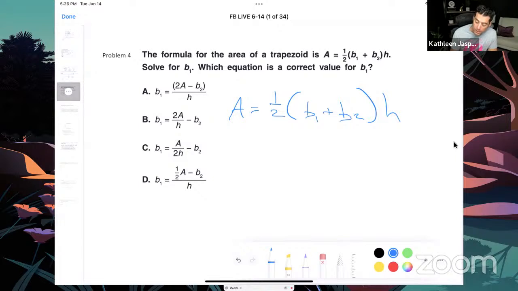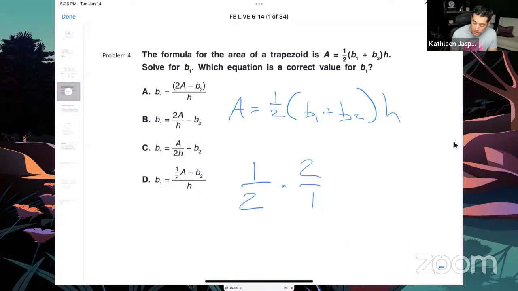Or with any fraction, you can always multiply by its reciprocal and you get 1. All right. The goal is to get rid of that fraction. Get that 2 on the other side, on top instead of on bottom, and that's what you get.